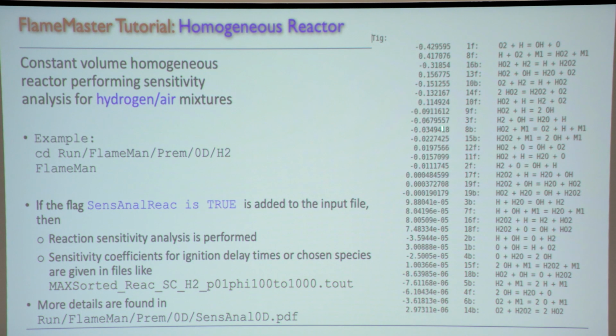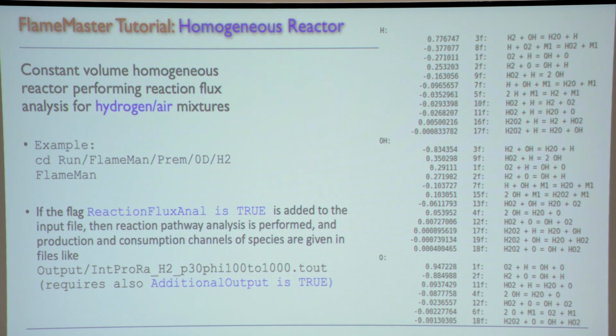It's a file that comes out and shows the sensitivity coefficients, most important reactions first. Are you surprised? You should not be. The most important reaction for ignition delay time here, for hydrogen air, is O2 plus H goes to OH plus O. The second most important one is O2 plus H plus M goes to HO2 plus M. One should be positive and the other negative: one makes it fast, the other makes it slow. Then there are a few more that go with HO2 and so on.